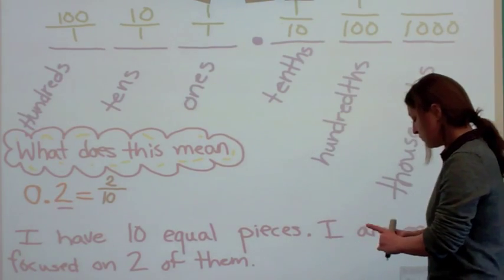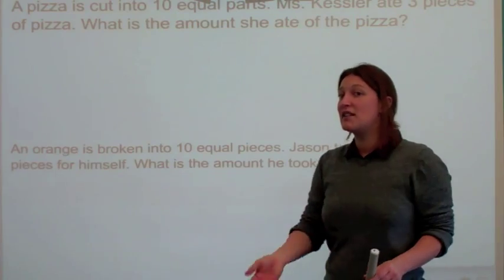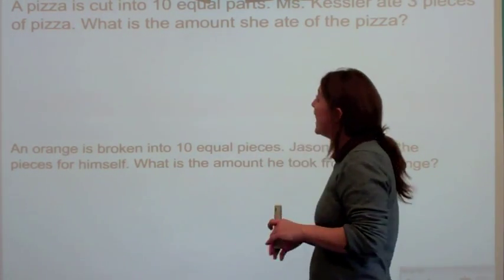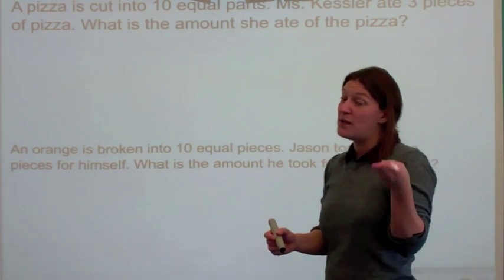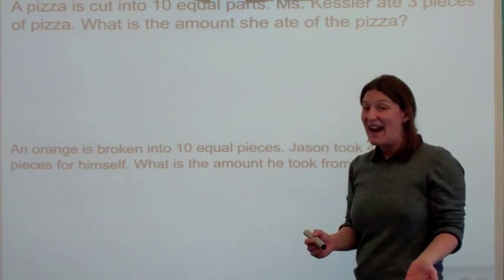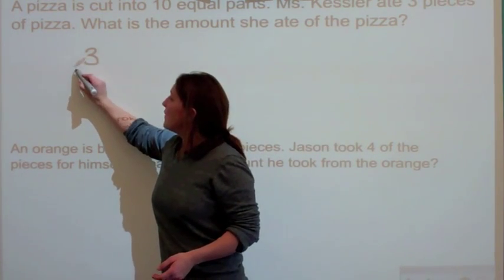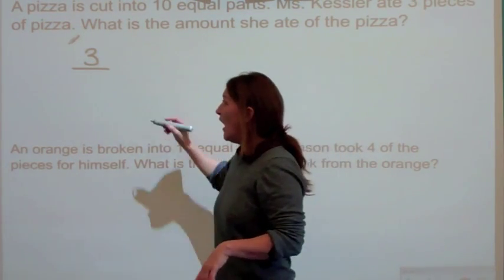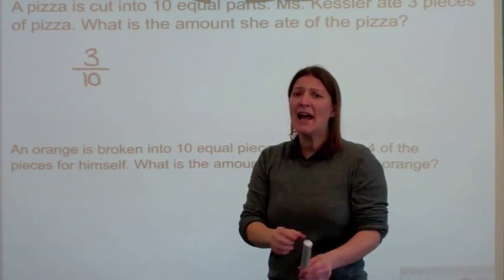Let's take a look at some other examples. So we have a pizza is cut into 10 equal parts. Miss Kessler ate 3 of the pieces of pizza. What is the amount of pizza that she ate? So if I ate 3 pieces and the pizza was cut into 10 equal pieces, I know that my fraction is 3 over 10.